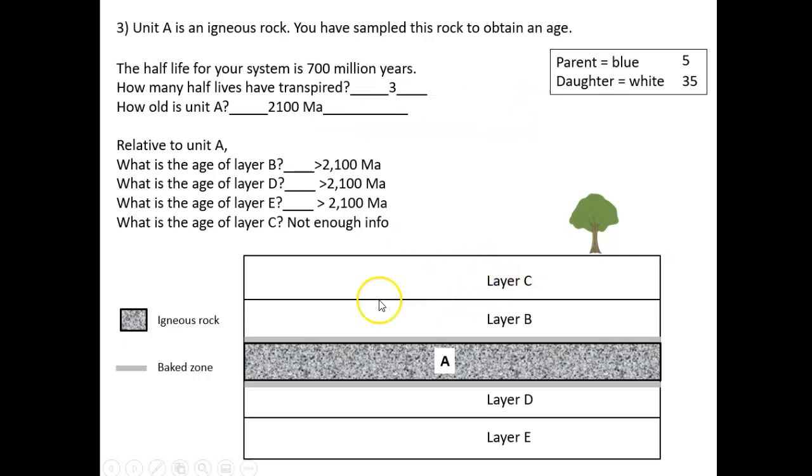And so then we could use that to maybe figure out something here. So our same thing that we talked about before is that we have a nice order here. This is an igneous rock. These other 4 are sedimentary rocks. There's a bake zone on the top and bottom. So I could come up with a relative age. I know E had to be first, then D. And because both D and B are baked, I have to put layer B before A could come in.